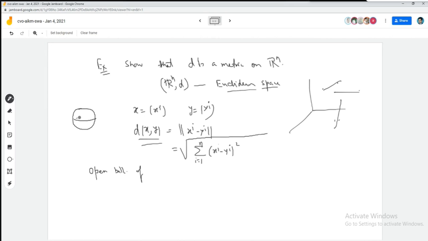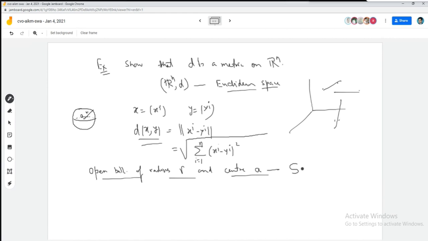It has some center and some radius. So maybe you call the center A and the radius a small r. So the open ball of radius r and center A.